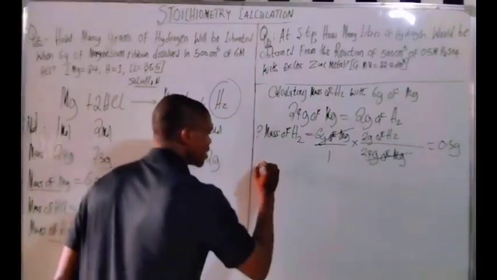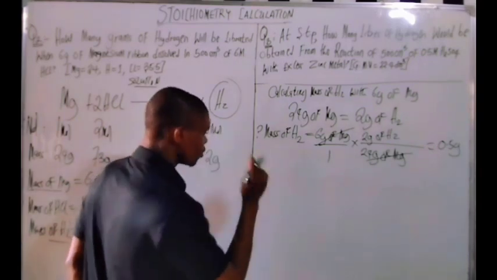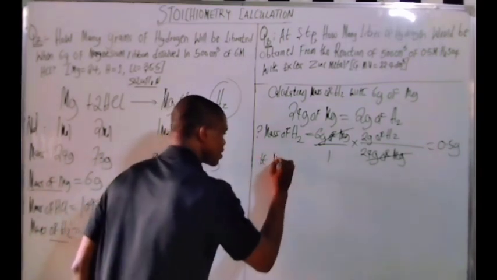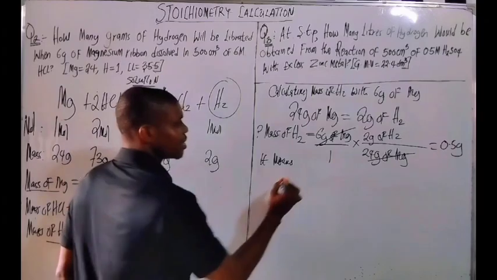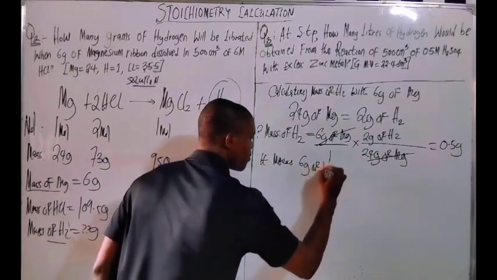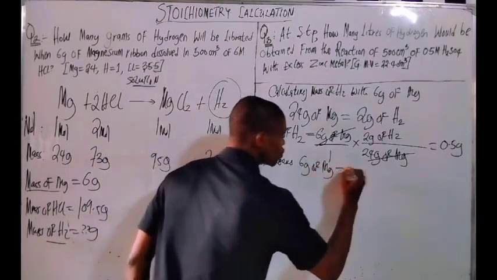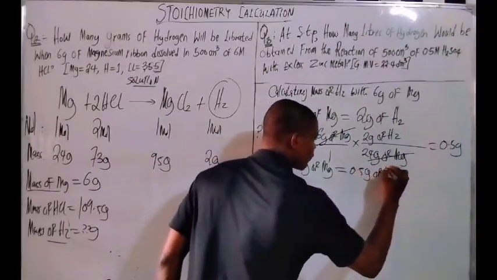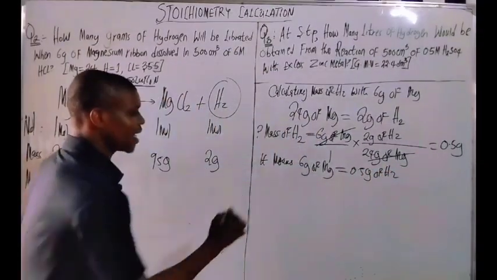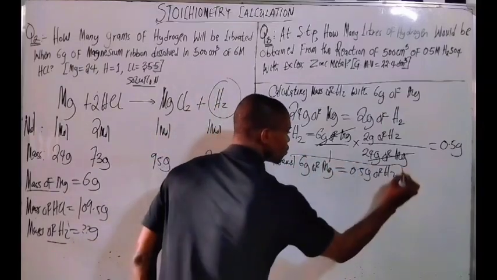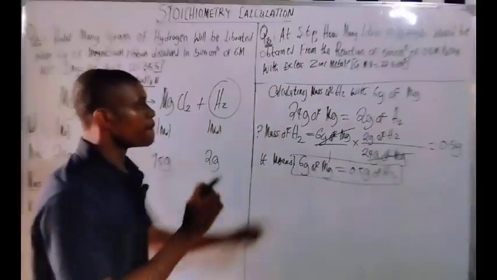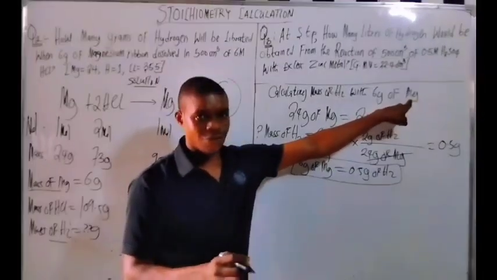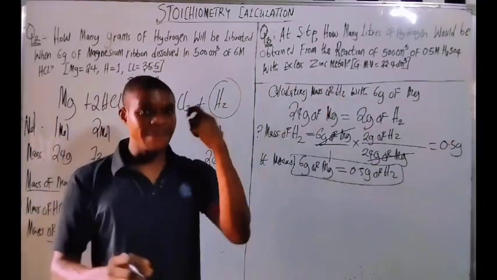So it means, therefore, you can say 6 gram of magnesium produces or is equal to 0.5 gram of H2. So in the sense that we have used the mass of magnesium given to us to calculate the mass of hydrogen liberated.